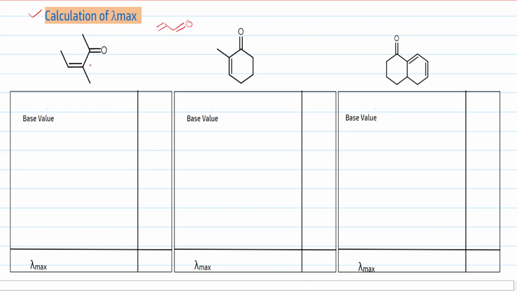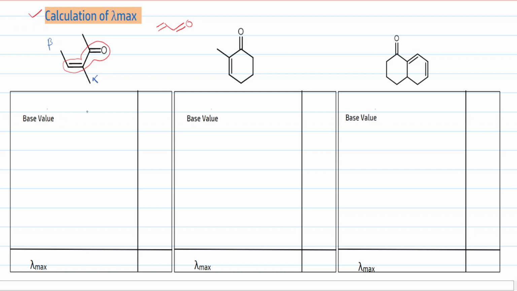Now in case of the first compound, the enone system extends from this carbon double bond carbon to this carbon double bond oxygen. The second step is that we have to label the alpha, beta, gamma, delta substituents. So here this is the alpha substituent and this is the beta substituent. No gamma, no delta substituent. This is the methyl group which is attached to the carbon double bond oxygen. This is not a substituent.